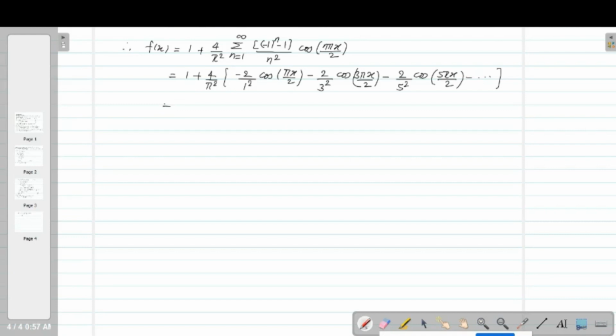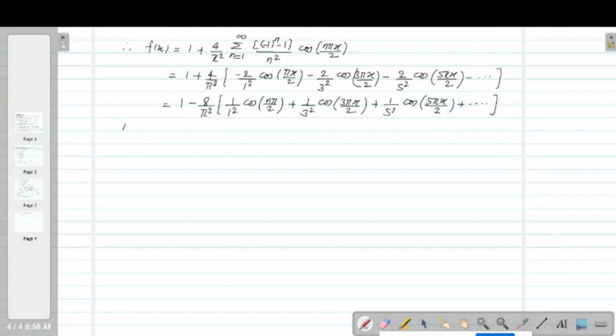See here, 2 is common in each term, so taking it outside, this becomes 1 minus 8 by pi square times 1 upon 1 square cos pi x by 2 plus 1 upon 3 square cos 3 pi x by 2 plus 1 upon 5 square cos 5 pi x by 2 plus so on, which is the required Fourier series of the given function.